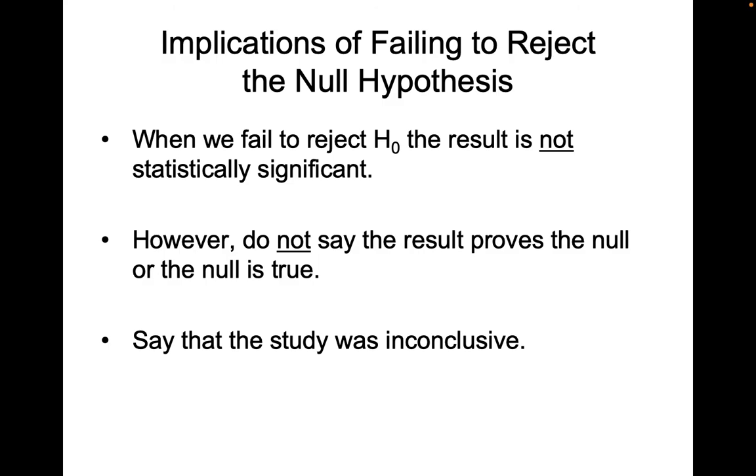So, showing that the null hypothesis is true means you would actually have to show that there's no difference between the two populations. That's a very difficult thing to do because with research, we typically never have populations. We only have samples. It's always possible that there is a difference between populations, but it's just a small difference.